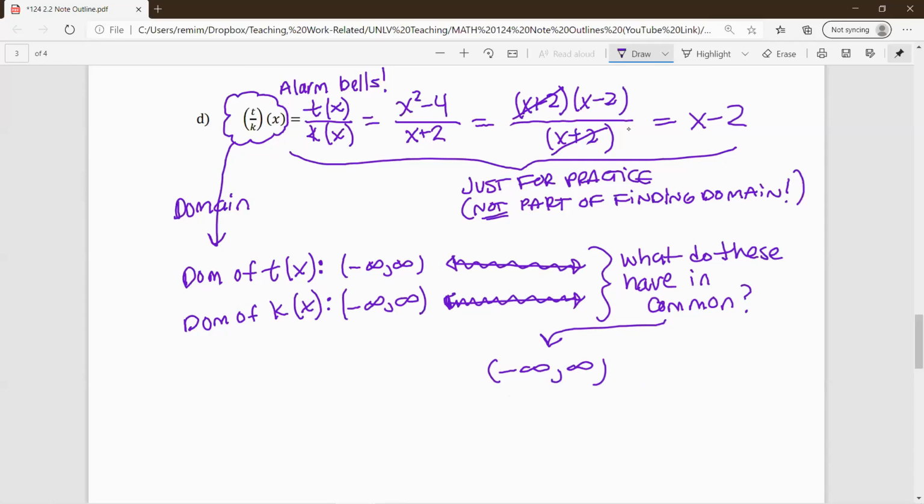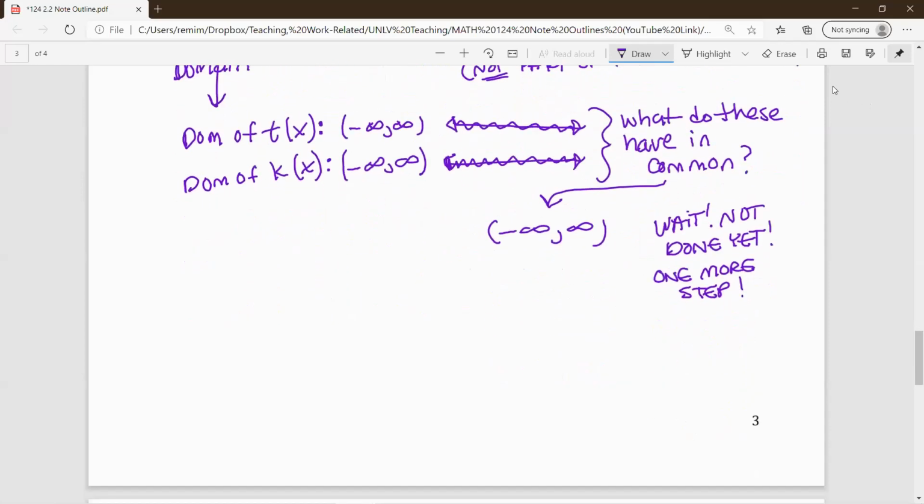Now, wait, not done yet. One more step. Normally, we would be done here and we would just box it and that would be our answer. But because we have a denominator, we have to handle the denominator. So let's see what that one more step is.